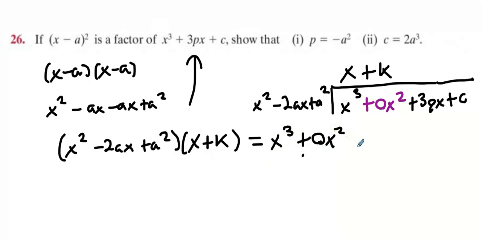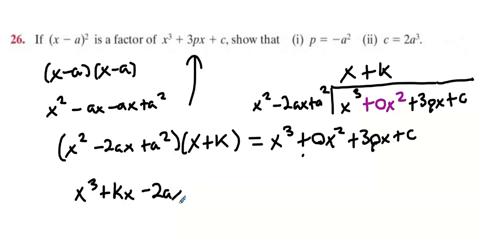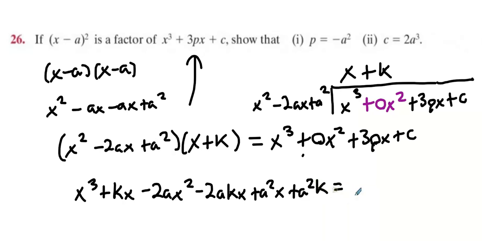Alright guys, you're at the multiply out stage. Let's have a go. Now let's multiply this out. x cubed plus kx squared minus 2a x squared minus 2akx plus a squared x plus a squared k equals x cubed plus 0x squared plus 3px plus c.